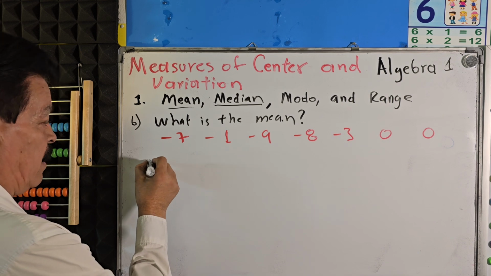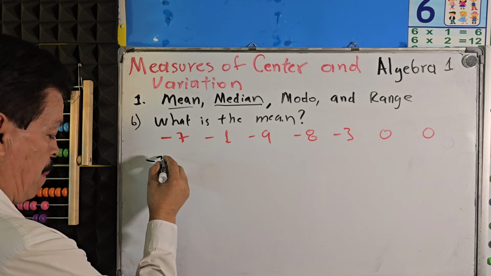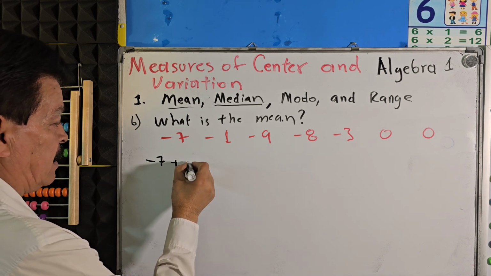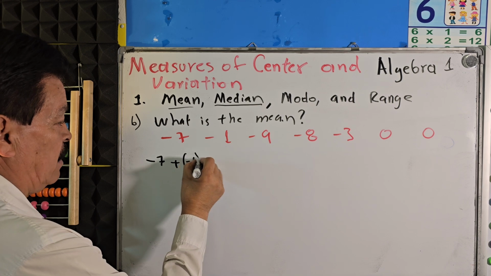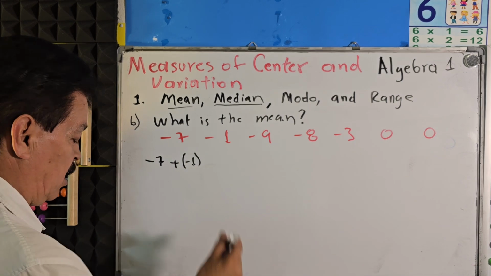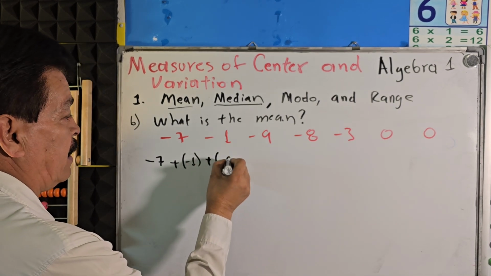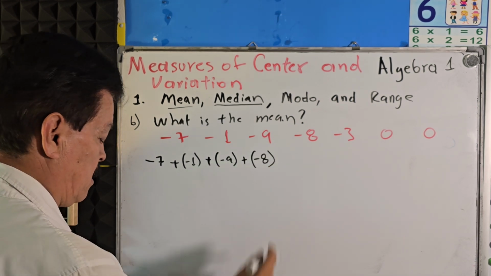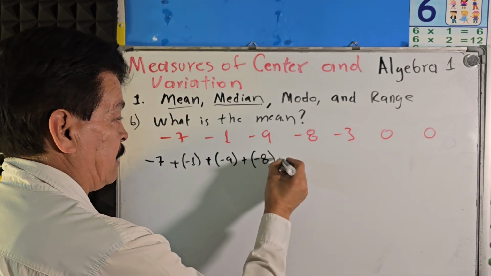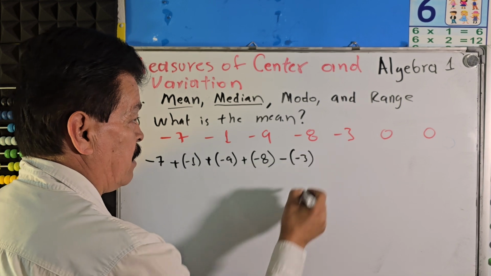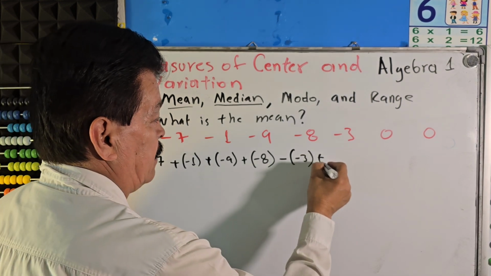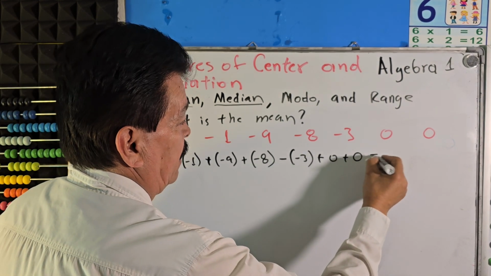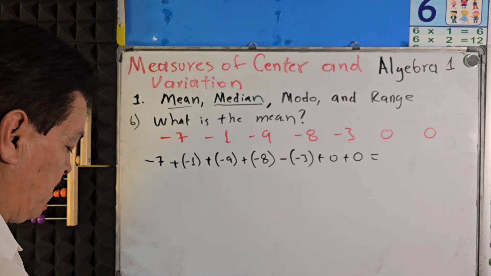We have -7 plus -1, just add it, it's very simple, plus -9, plus -8, plus -3, plus 0, plus 0.